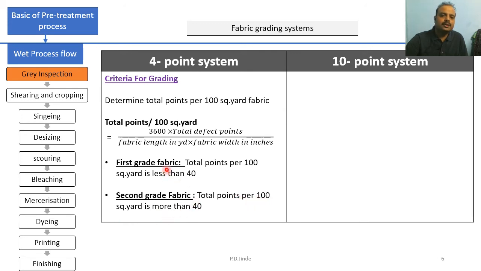You just remember the number 40, right? If total defect point is less than 40, first grade. If the defect point is more than 40, in that case it is second grade fabric.